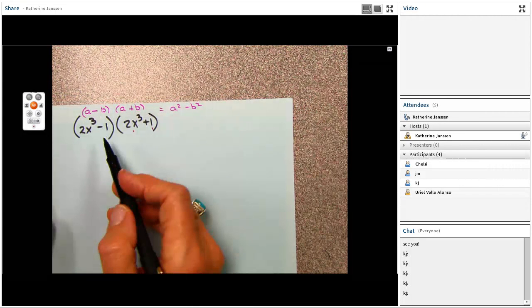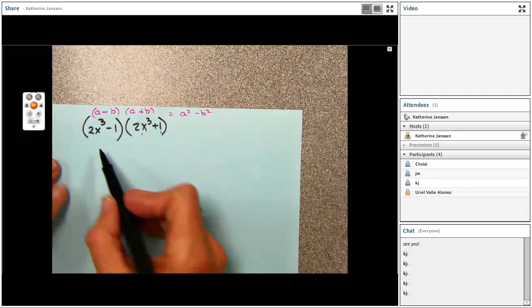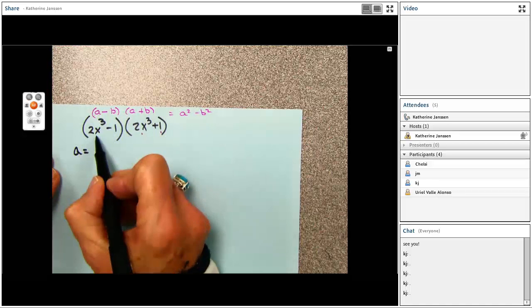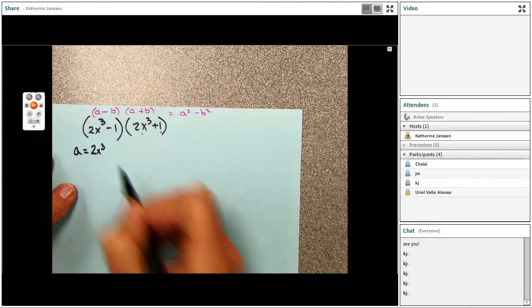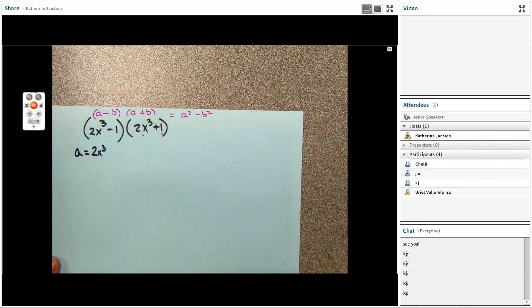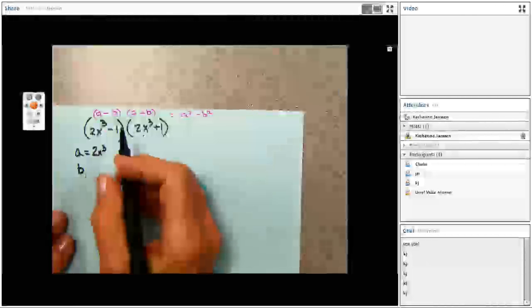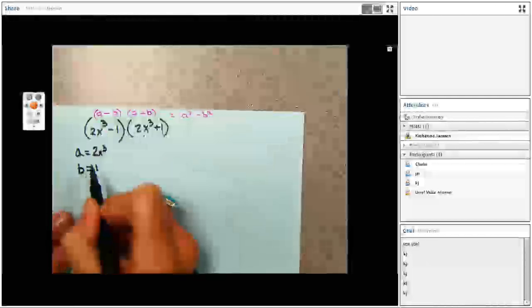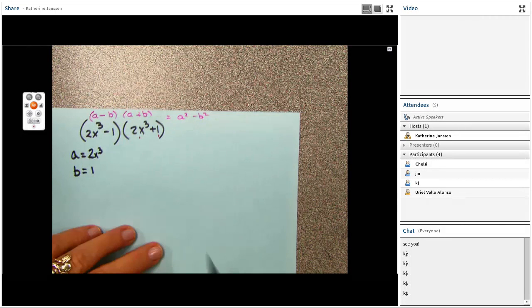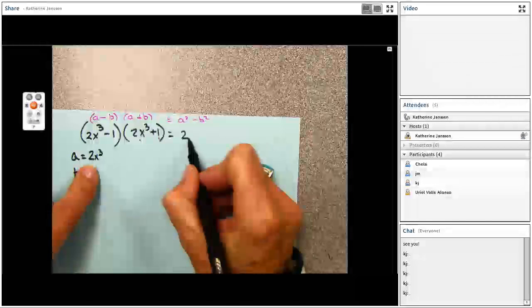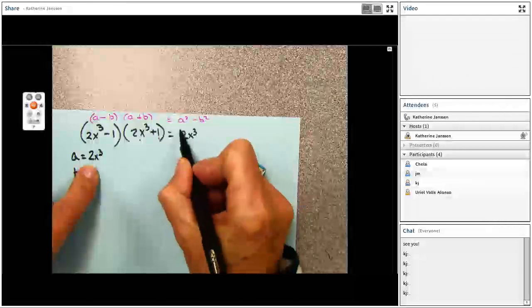So I'm going to apply this form pattern. In this case, a's position is 2x cubed. In this problem that we're working on at hand, b from my recipe, from my form, is 1. So a, in this case, is 2x cubed, the quantity.